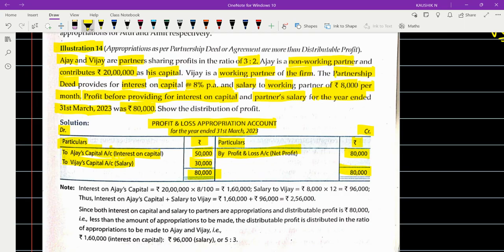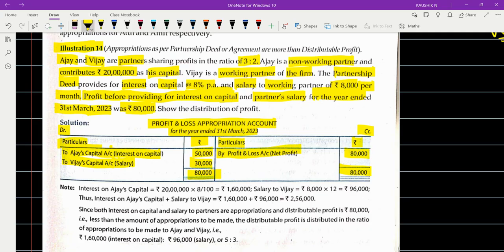If the appropriation is less and profits are more, then no issues. Whatever you have calculated can be provided to the partners as it is. No doubt about it. But if the situation is the other way, the earned profit is very less or minimum, whereas your appropriations are more and exceeding the earned profit value, then you cannot provide the values whatever you have calculated as it is.